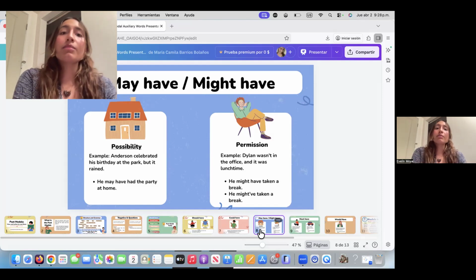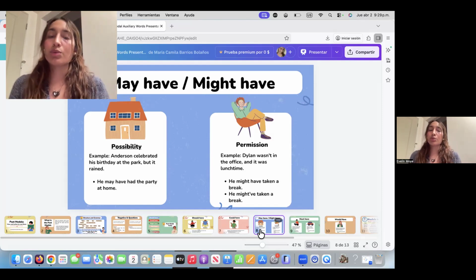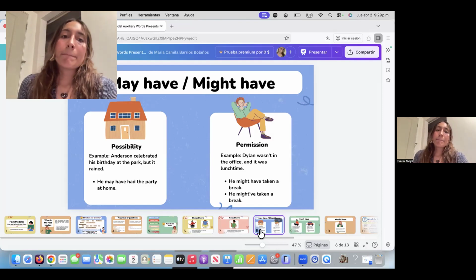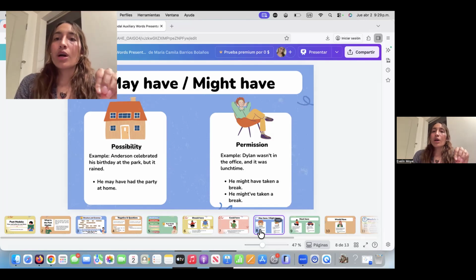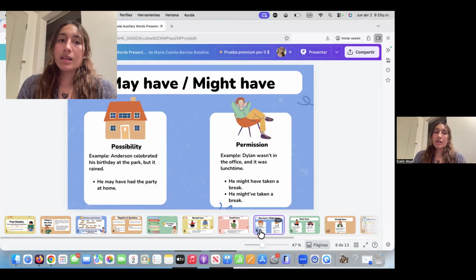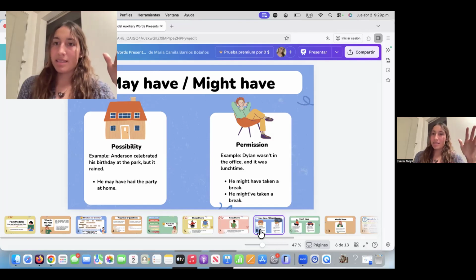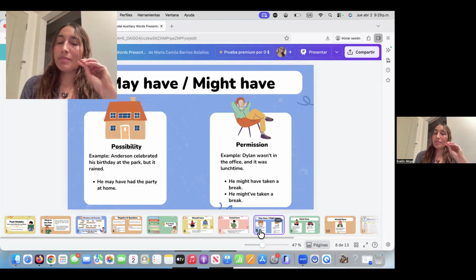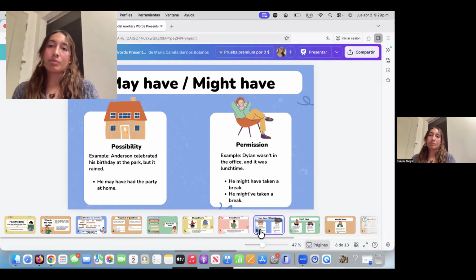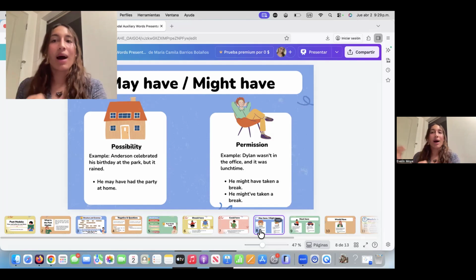So the difference between these two is that something is more likely to have happened with might have, and may have expresses a less likely possibility.